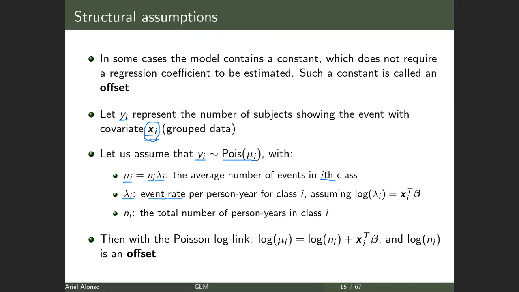And what you do there is you model the rate as a function of the linear predictors, where ni is the total number of person years in this class. Then when you apply the logarithm to mu i, you get the logarithm of ni, and then your classical linear predictor. And this is called an offset because you don't have a coefficient here, and you don't want to estimate anything about it. You just do it to be able to model the rate instead of the mean.